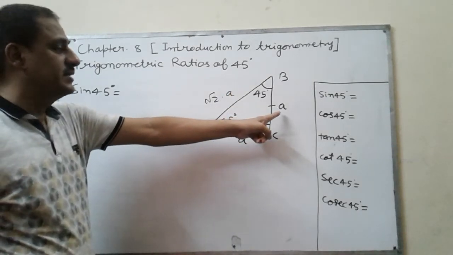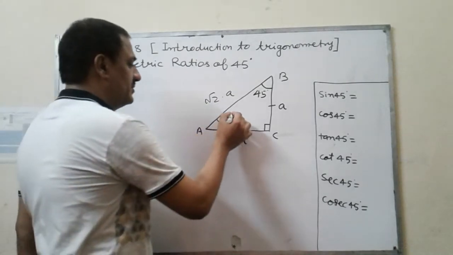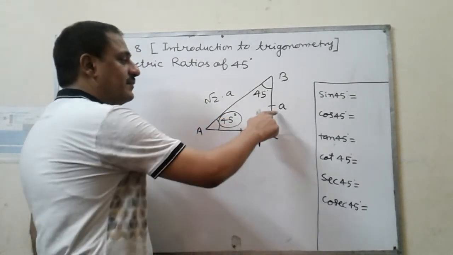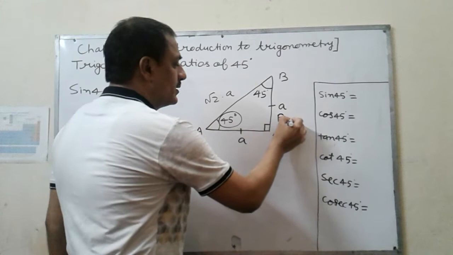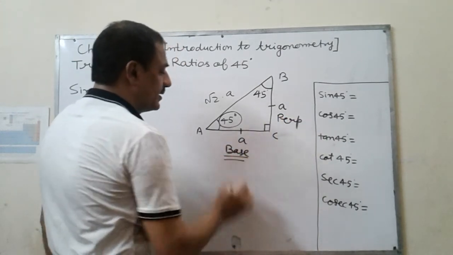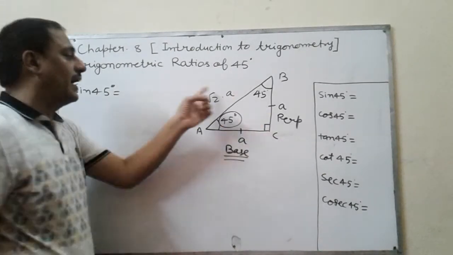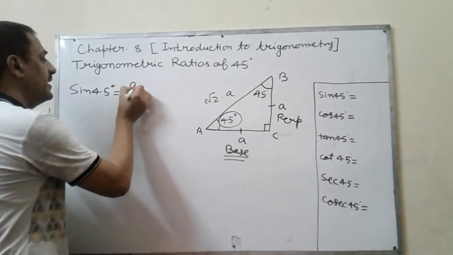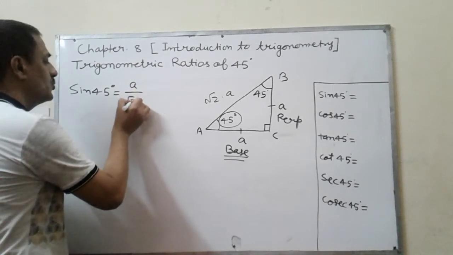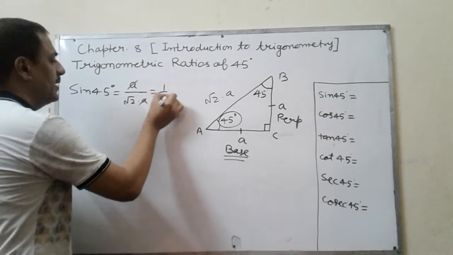With respect to this angle, this side will be perpendicular and this side will be base. Here sin equal to what? Perpendicular upon hypotenuse. Here perpendicular is A and hypotenuse is root 2 times A. A cancel, it will become 1 upon root 2.